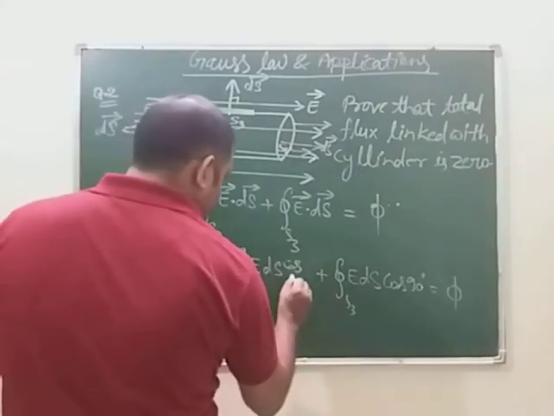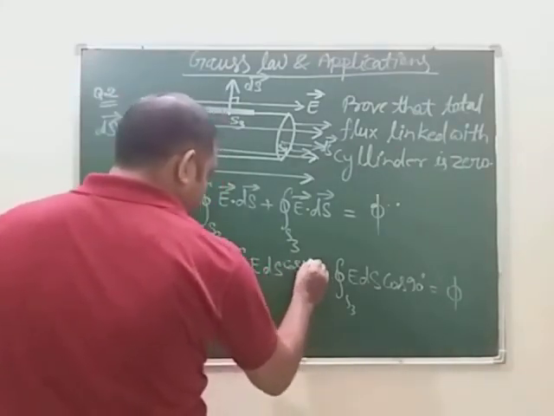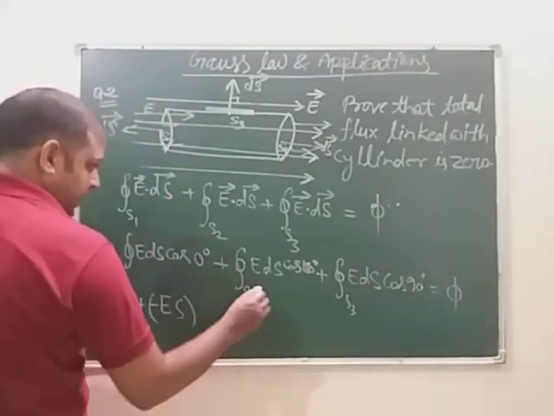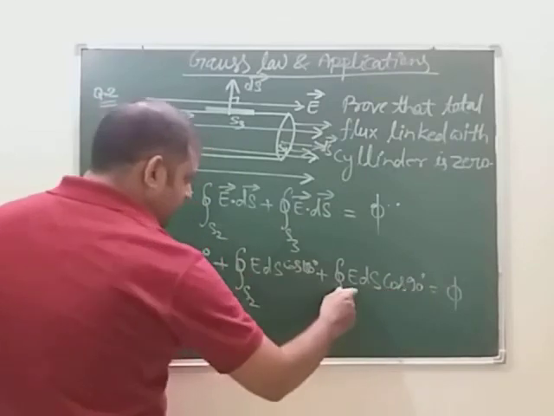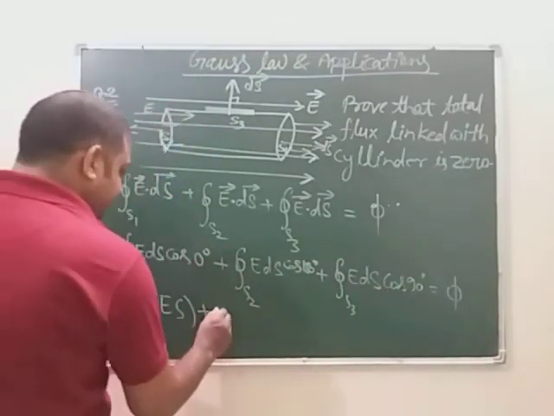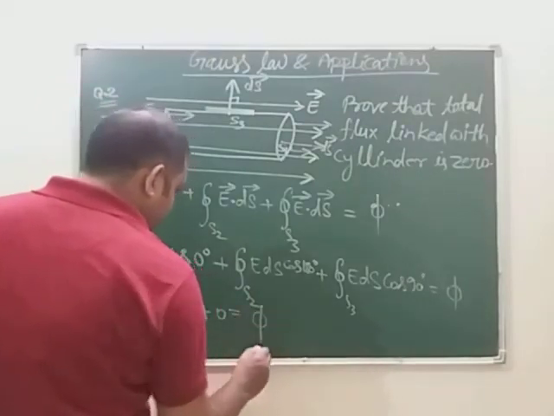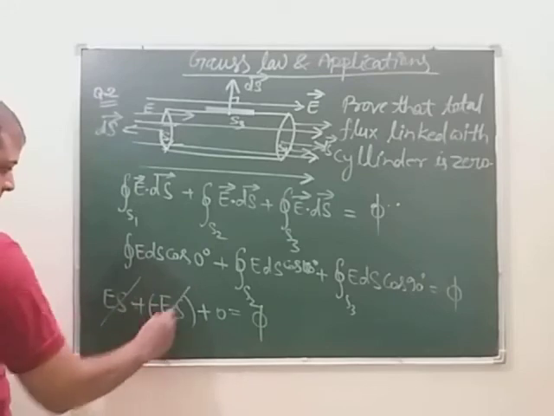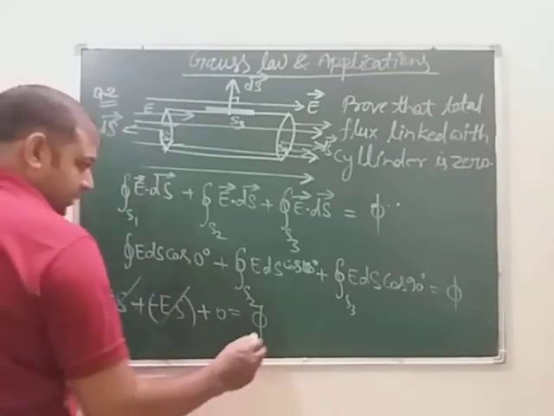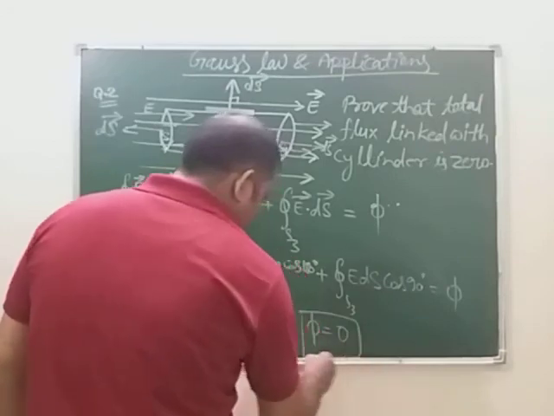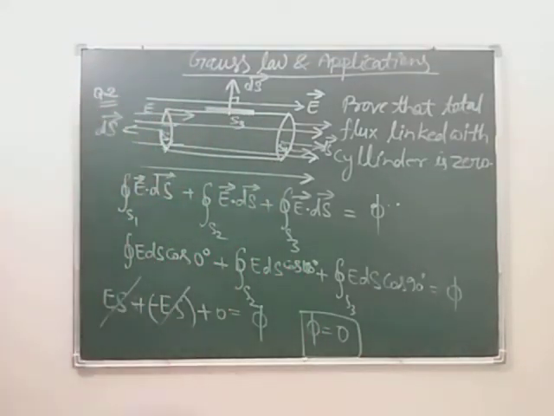Cos 180 degrees is minus 1, and cos 90 is 0, multiplied by any quantity. If 0 is multiplied with any quantity, it will be 0, equal to 0. ES minus ES cancel, then the result will be 0. This is the same thing which we had to prove, that the total flux linked with the surface is 0.